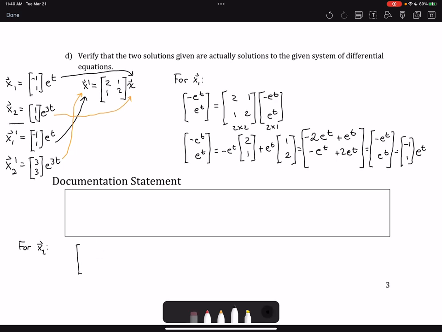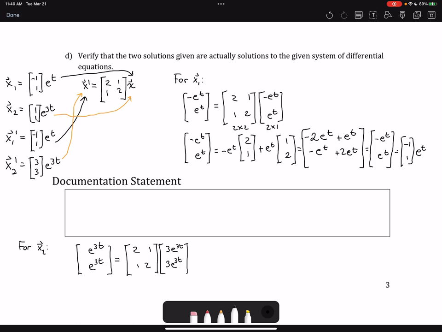Look at this one. It's going to be e to the 3t, e to the 3t is going to be equal to the matrix 2, 1, 1, 2. And here we're going to have, instead of e to the 3t, 3 e to the 3t, because that's our derivative, 3 e to the 3t.